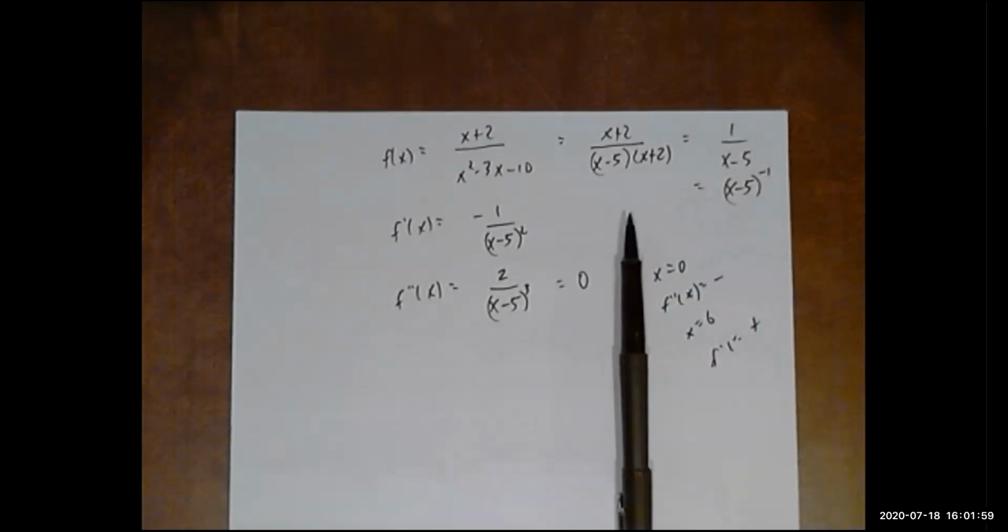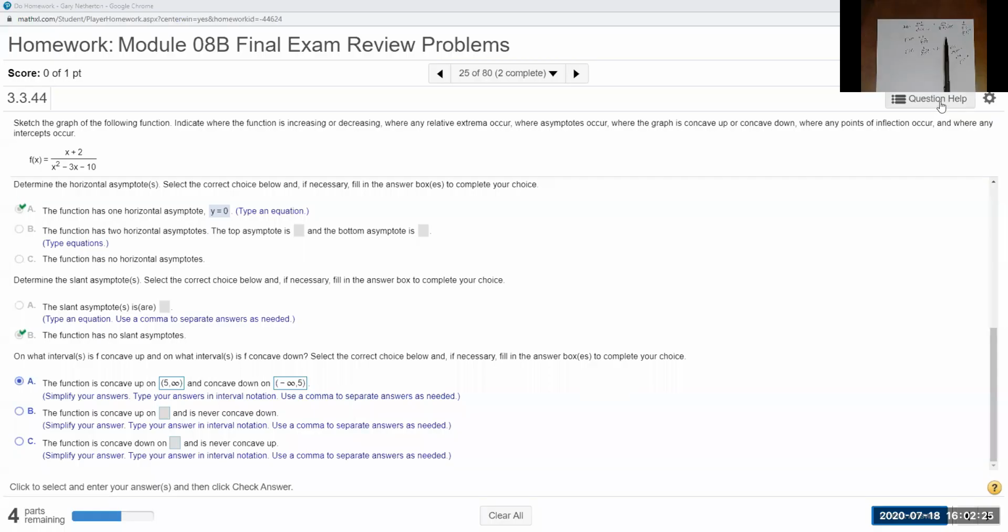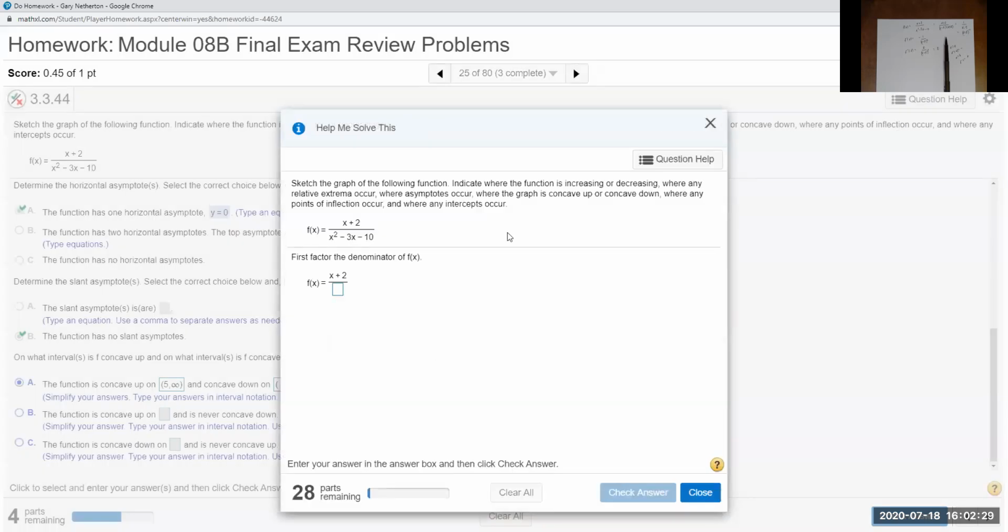Interesting. So you can tell that I don't work these through in advance. So even sometimes I get confused. So here's a good example of what you would do if you're doing these on your own. I wonder what help me solve this problem. Does it pick up?